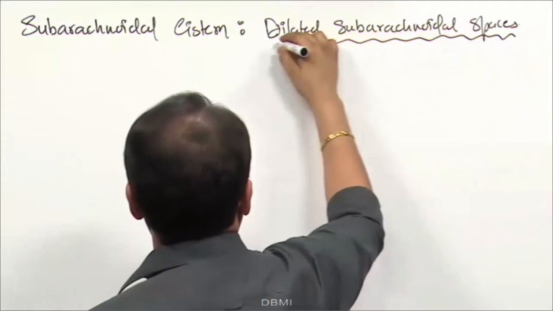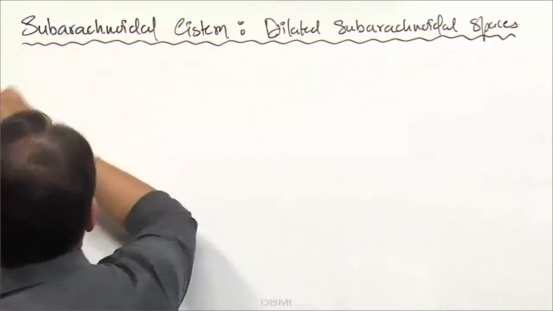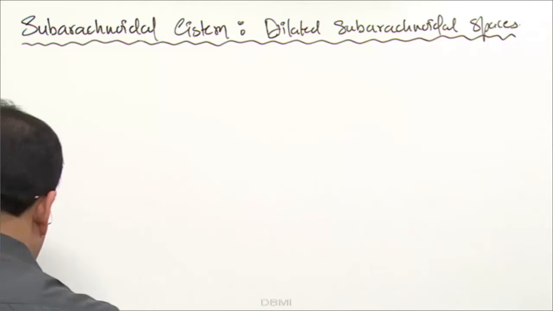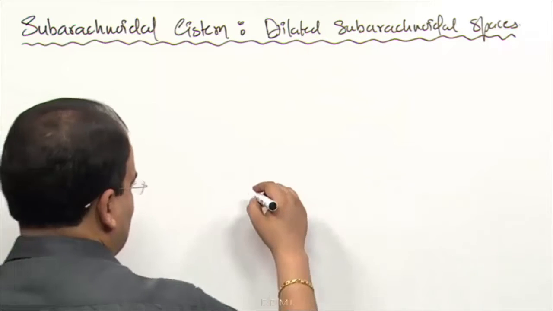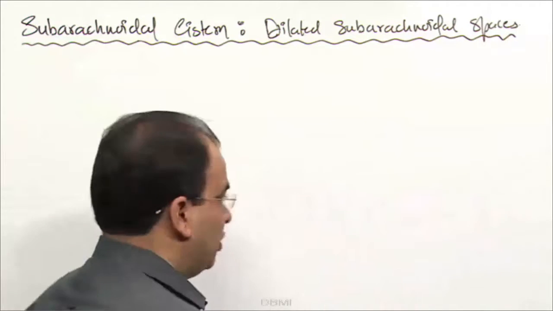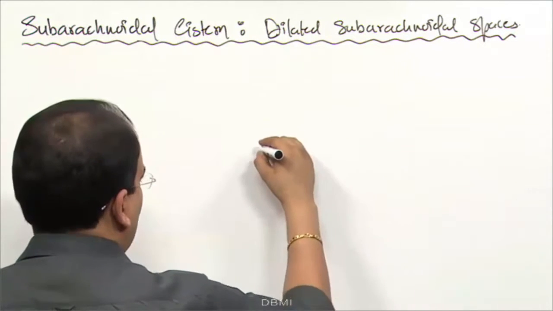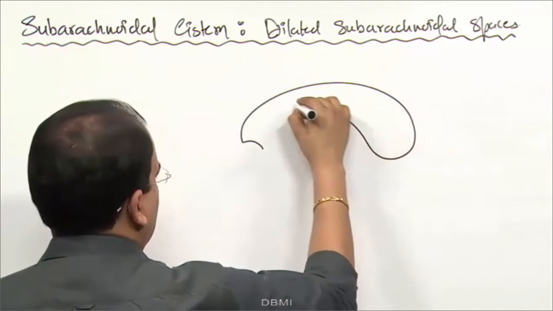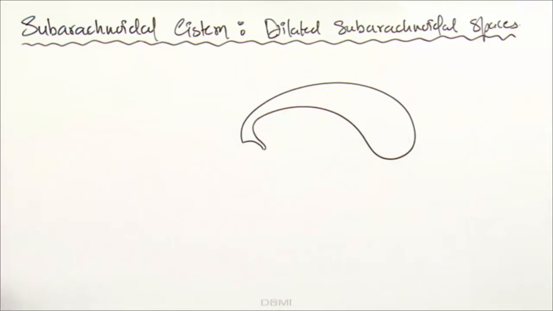The dilated subarachnoidal spaces are called the subarachnoid cistern. So let us take a midsagittal section which passes through the corpus callosum. So there we have, let's say this is the corpus callosum here. Please draw it with me.